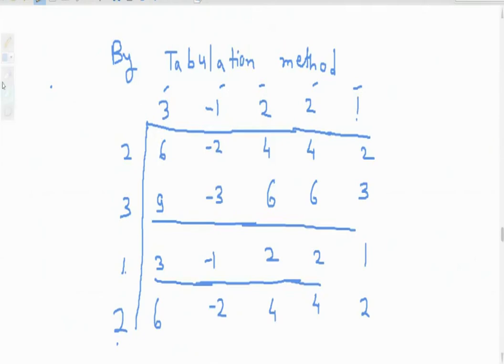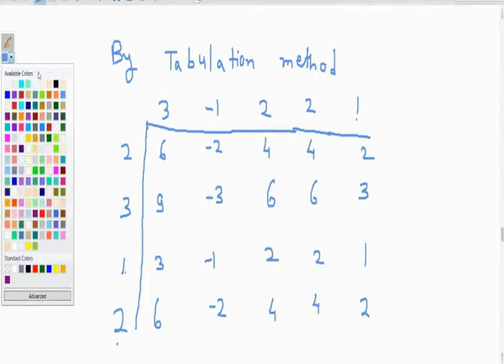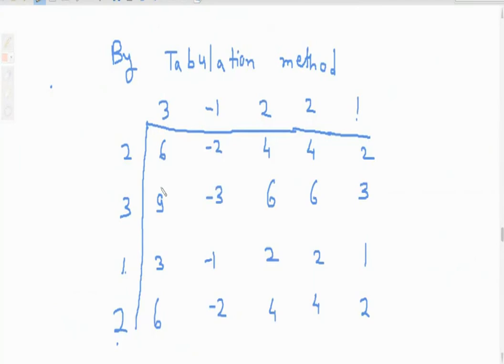Okay. Then multiplication is done. Now we should do the addition. But before addition, we should split our table in the fashion which I will tell you now. So I am going to split our table like this.